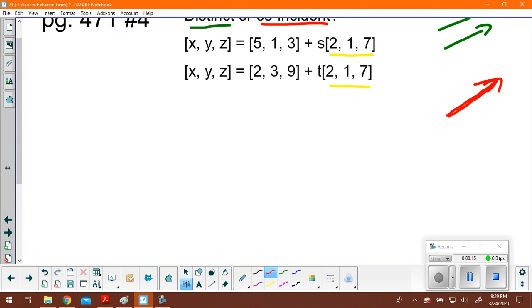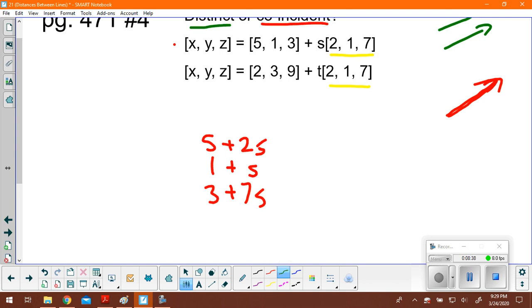So let's see. The parametric form of my first line is 5 plus 2s, and then 1 plus s, and 3 plus 7s.